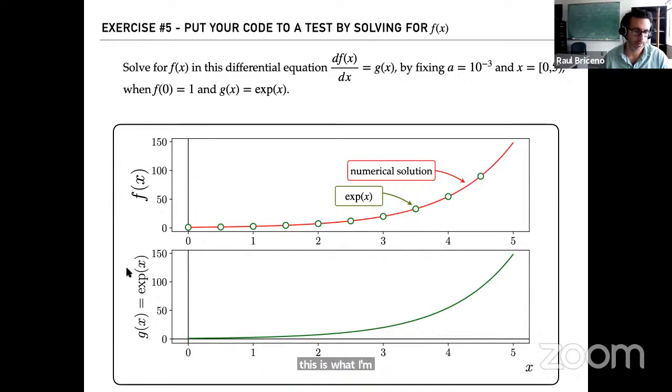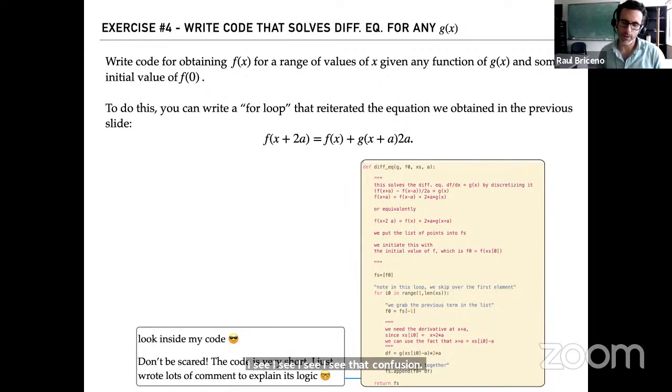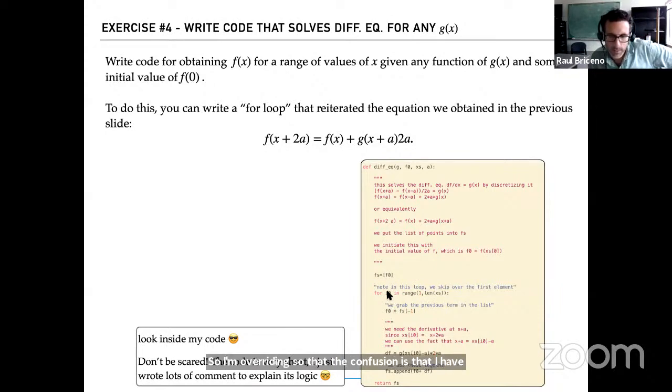And here I'm plotting what the input function is. So Anonymous is confused on the list. Good, I see the confusion. The confusion is that I have f0 here and f0 here. So f0 is an input. I put it as the first element, okay? And then the next time I say, no, actually f0 is this thing. This numerical value of f0 has already been stored into this list.